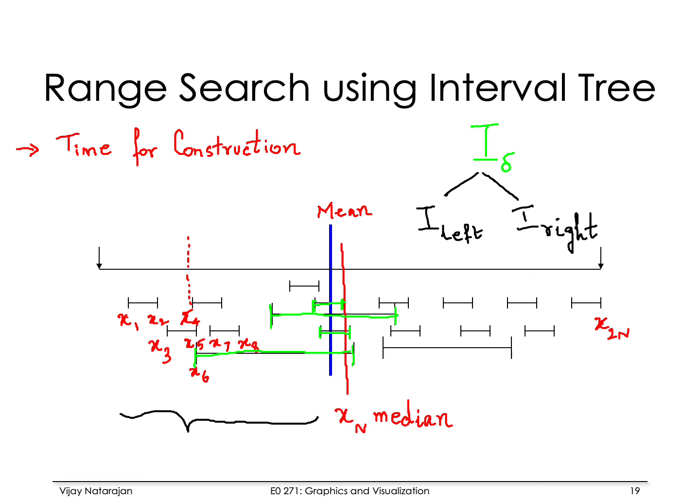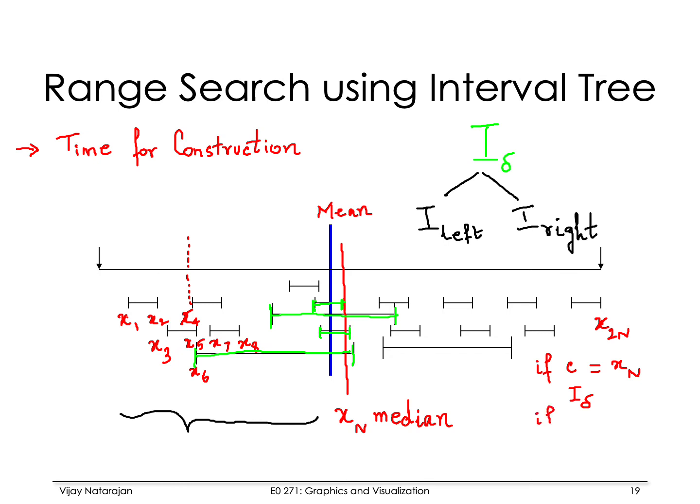So if my ISO value C is equal to the median, so as in when I check the ISO value with the median at the root, if it is equal, then I know that I have to traverse through all intervals in I sub delta and report them.